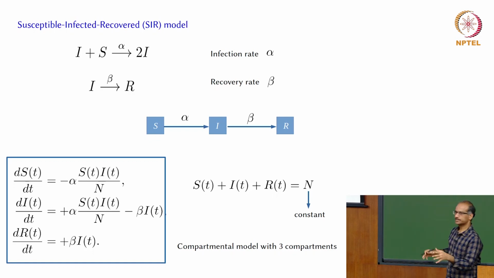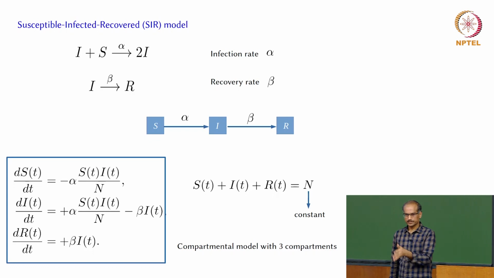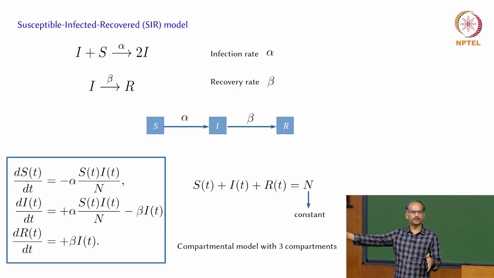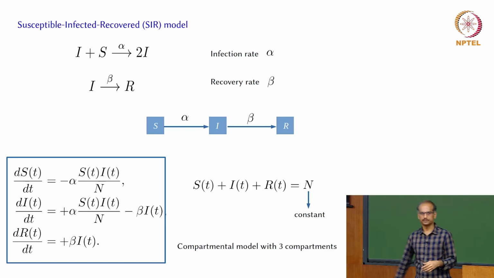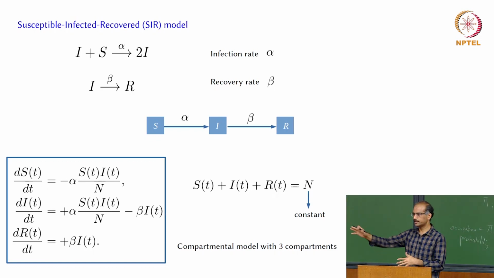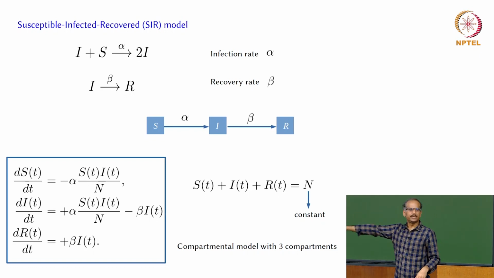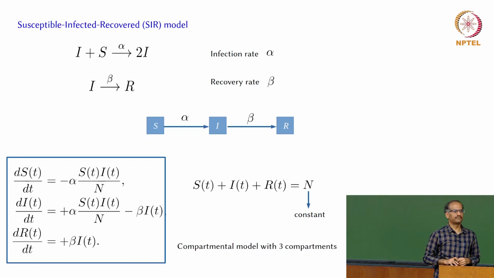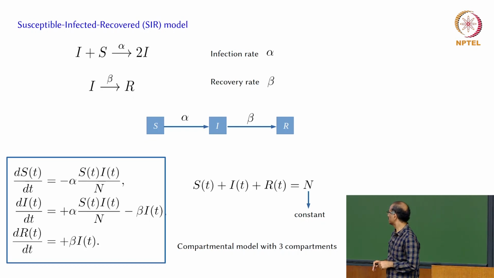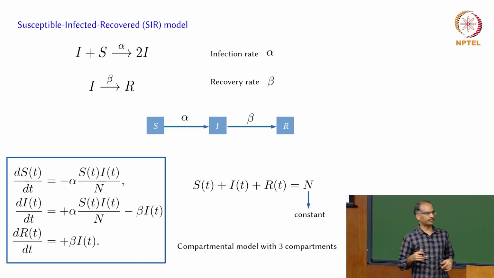Okay. I plus S goes to 2I, and an infected person with some rate recovers, which is something that you see anyway, whether through use of medicine or whatever. So finally some people recover. And all that is captured in these 3 nice, simple enough differential equations. Okay. The rate of change of the susceptible population, infected population and the recovered population.